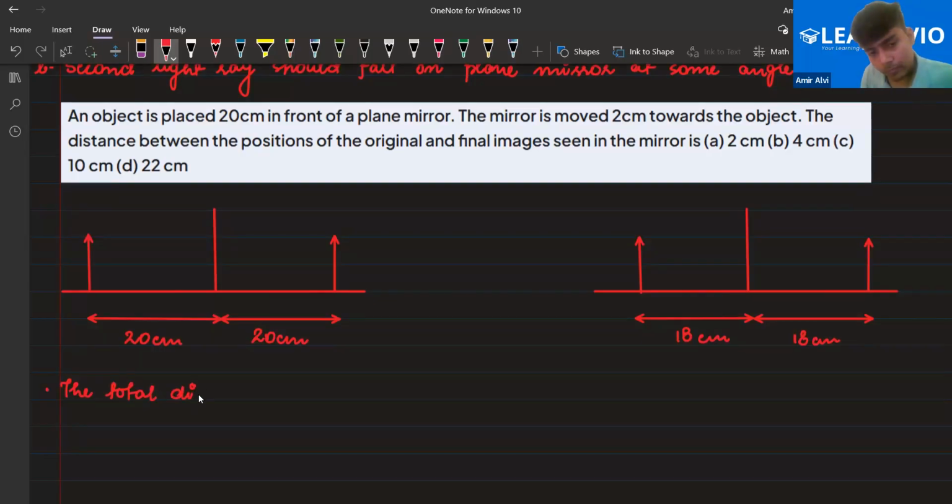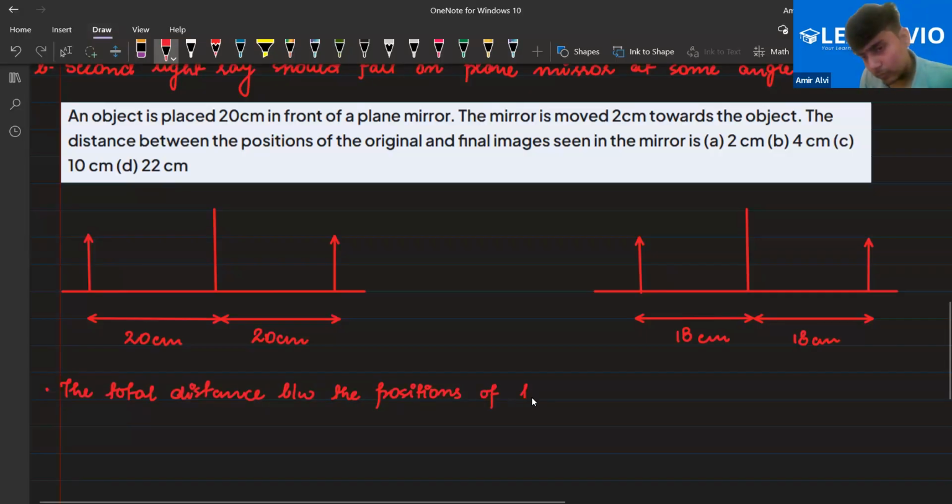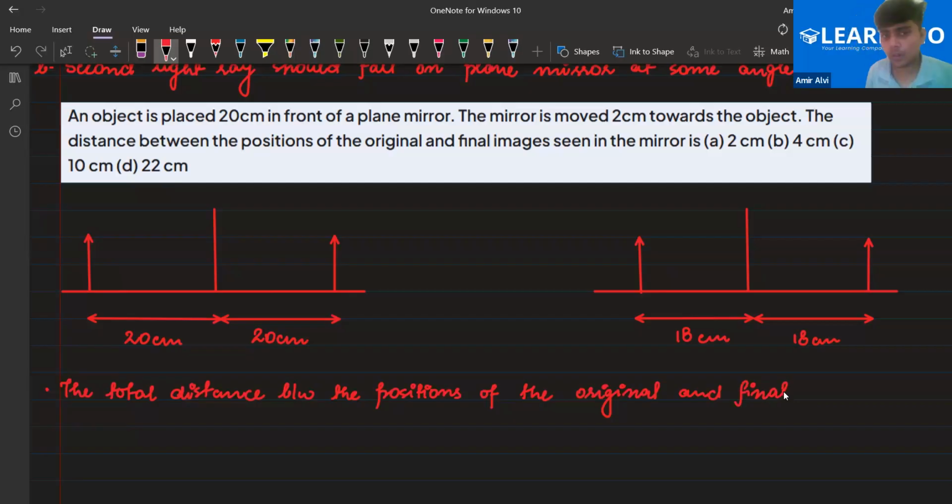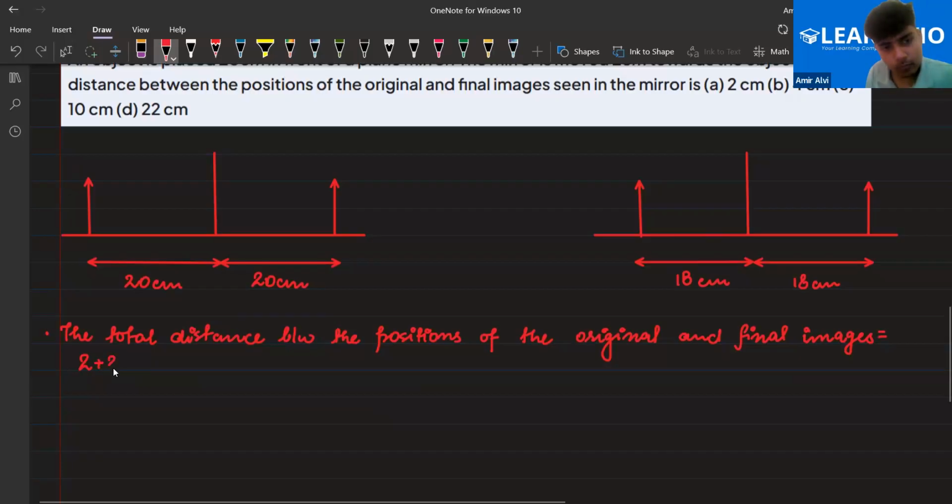So over here, the total distance between the positions of the original and final images is equal to 4 centimeter. Is that clear to both of you?